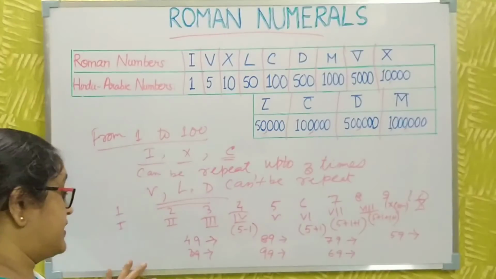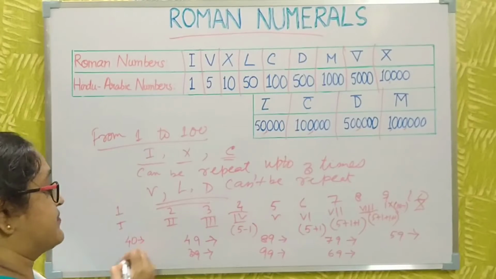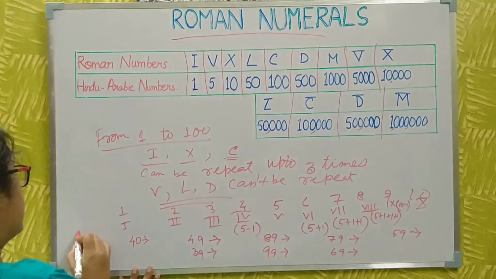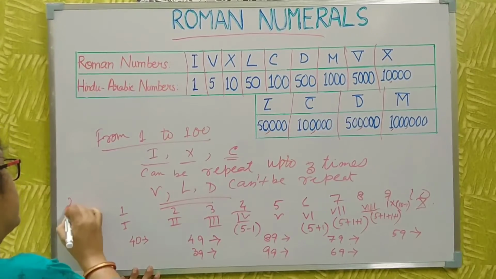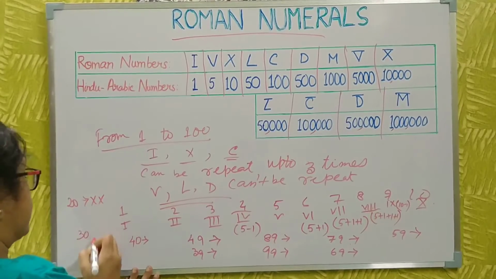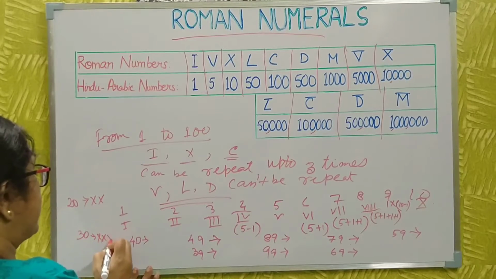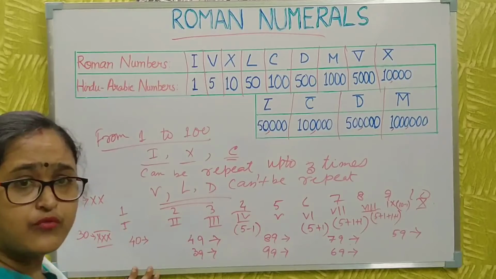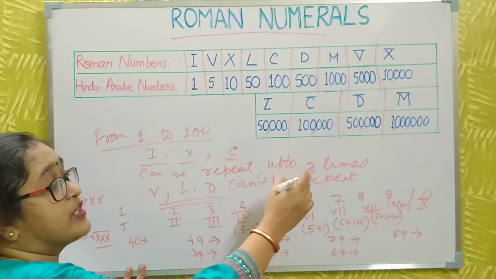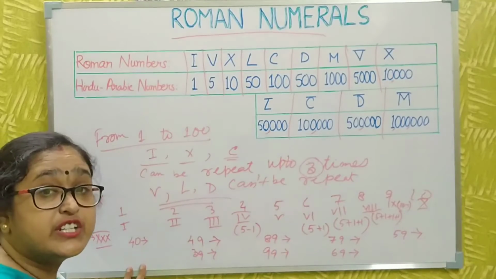Take 49. What is 40? First you know 10 is like this, 20 is double X, 30 is triple X. Can I write 40 by repeating 4 times? No, it cannot be repeated 4 times. It can repeat just 3 times.